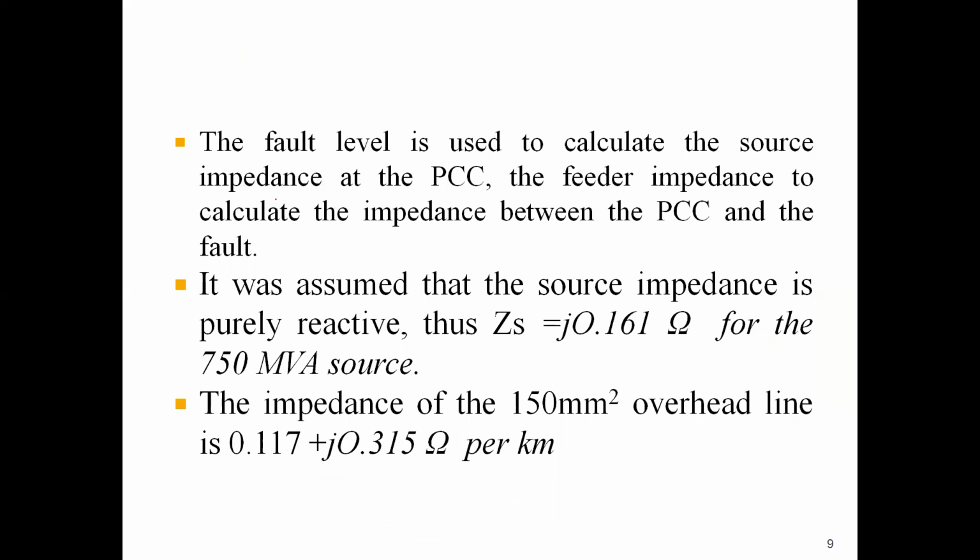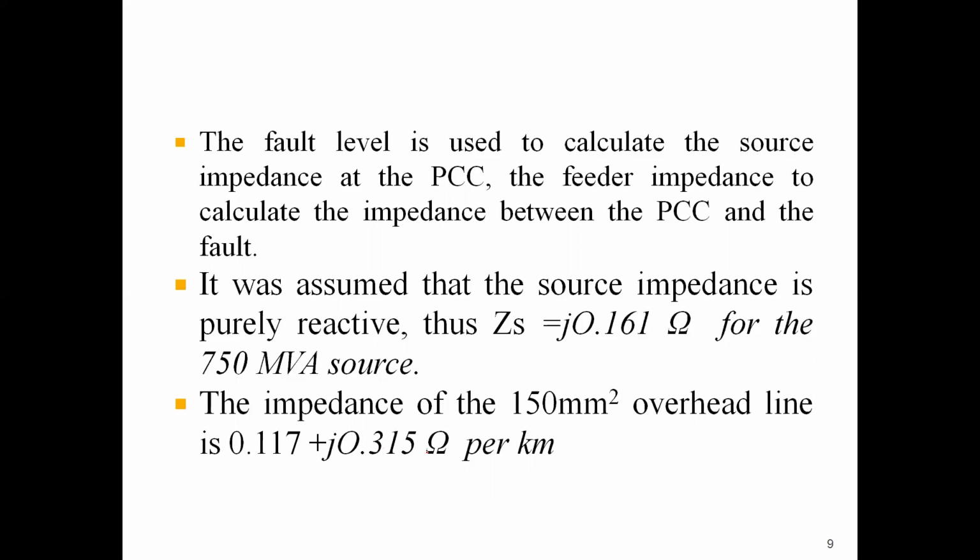It was assumed the source impedance is purely reactive, and thus ZS is j0.161 ohms for 75 MVA, and the impedance of the 150 mm overhead transmission line is 0.117 plus j0.315 ohms per kilometer.